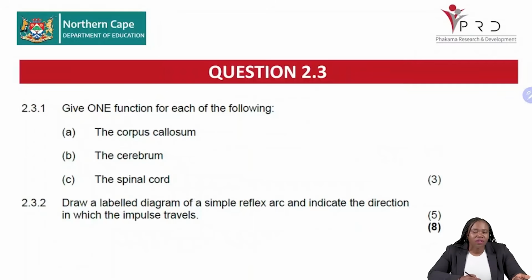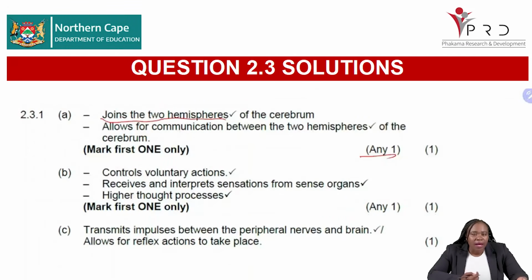So receiving or interpreting all sensations, and it is also responsible for memory, recalling, and high thought processes, right? So it controls voluntary actions, receives and interprets sensations from sense organs, as well as high thought processes. Again, here one mark, so you can give any of these, not all of them, but only one, right?